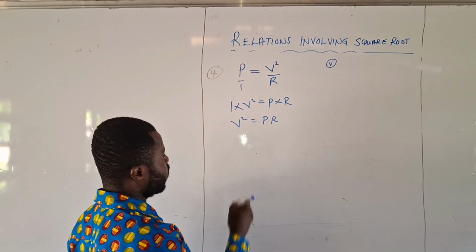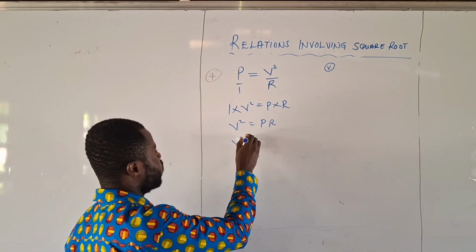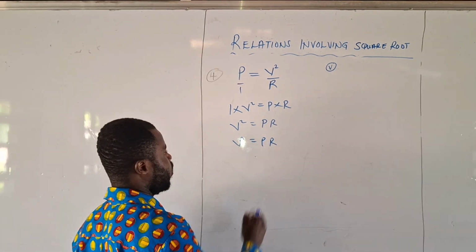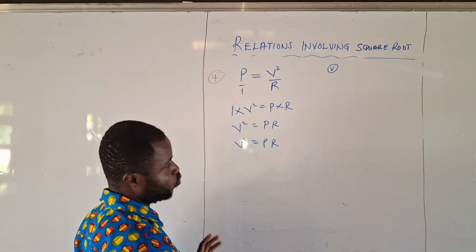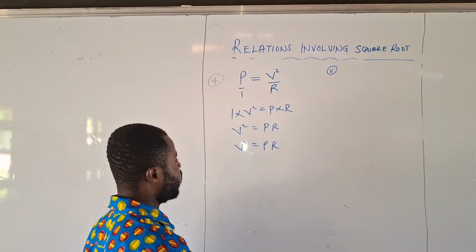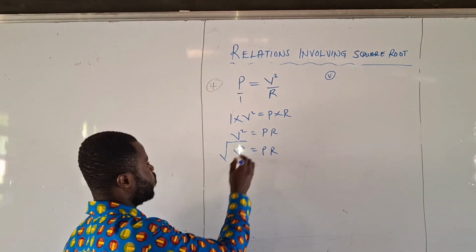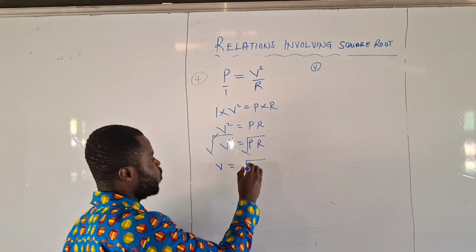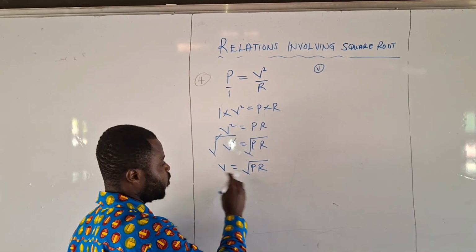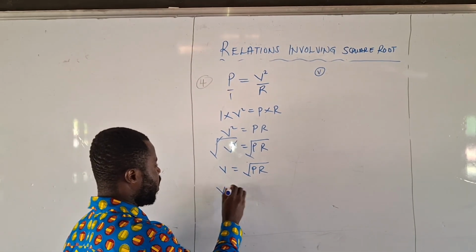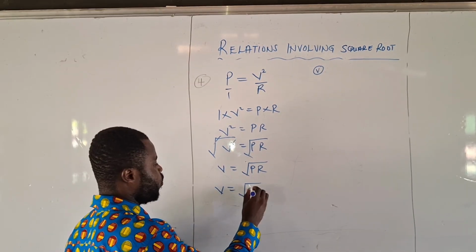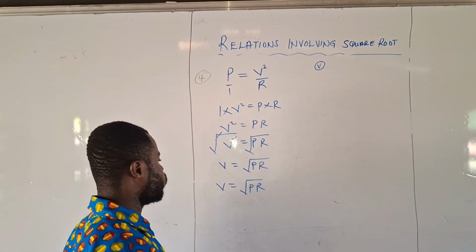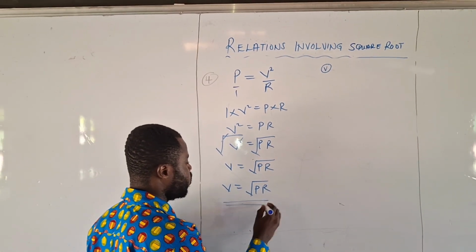So we are making V the subject. Now the V squared is having a square, so we have to eliminate the square by square rooting both sides. So this cancels it. Now we have V is equal to the square root of PR, which means they are multiplying. So our final answer is V is equal to the square root of PR.